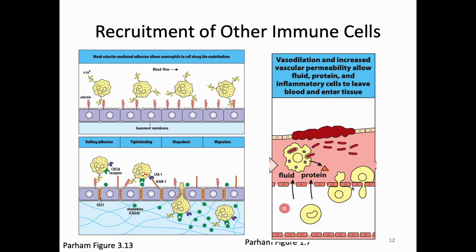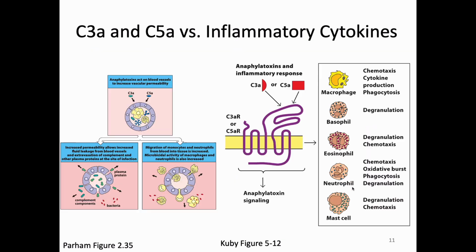So just to go back to that slide I just skipped, hopefully you get an idea of how inflammatory cytokines, and in particular the chemokines, will work. If you think back to things we learned last time with complement, C3a and C5a basically act as inflammatory chemokines and inflammatory cytokines.